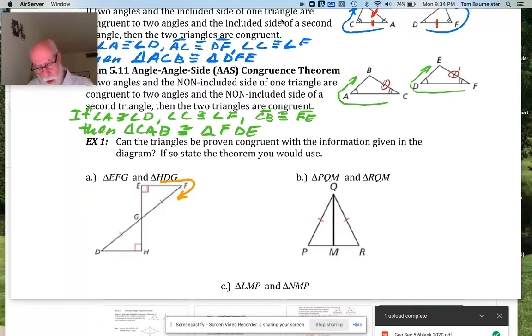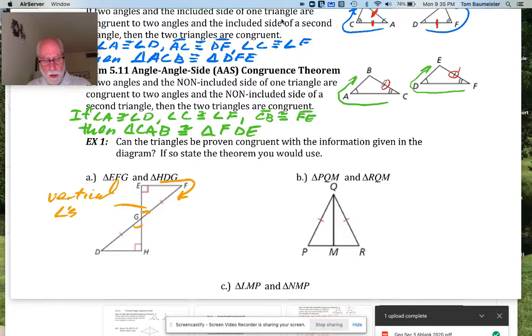Now remember, this angle here and this angle here, those are what kind of angles again? They're vertical angles. And you know that vertical angles are congruent. So that's why I can mark them both with just one arc there.